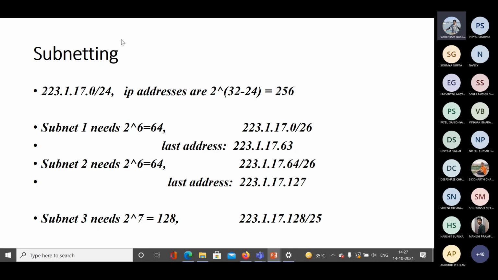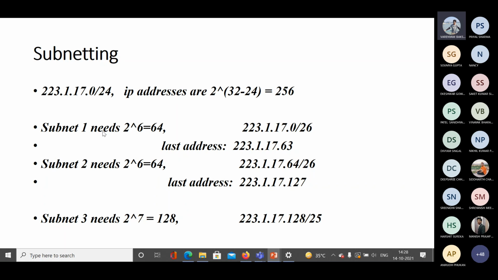It can have 2 power 32 minus the number of bits in the subnet part, which is given here. Now, if you want further variations in this entire chunk of the organization's addresses, you have 256 addresses.